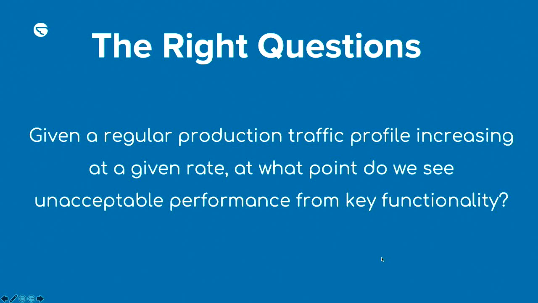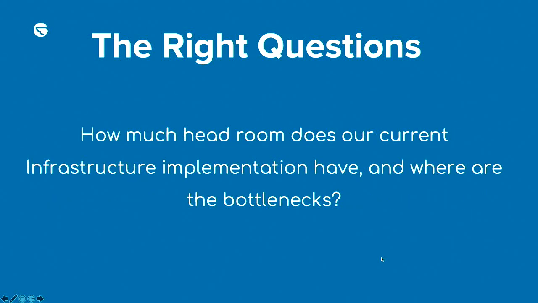So here are some examples of more appropriate questions that can serve business value. Given a regular production traffic profile increasing at a given rate, at what point do we see unacceptable performance from key functionality? Another example would be, how much headroom does our current infrastructure have, and where are the bottlenecks?